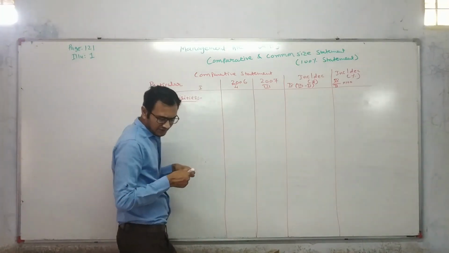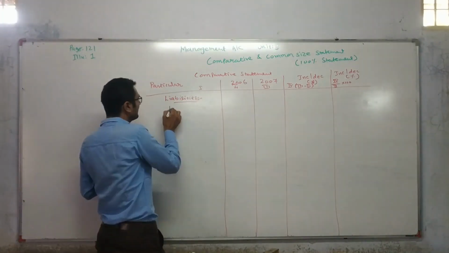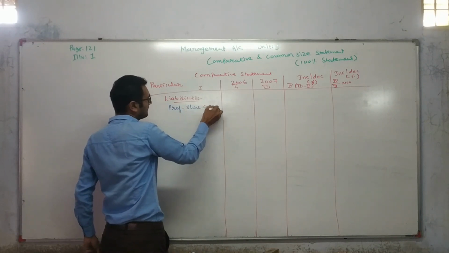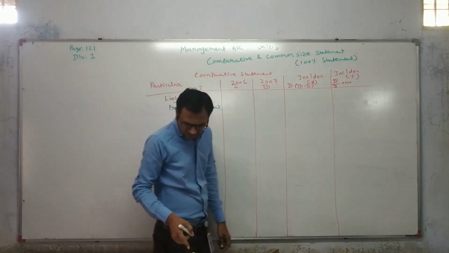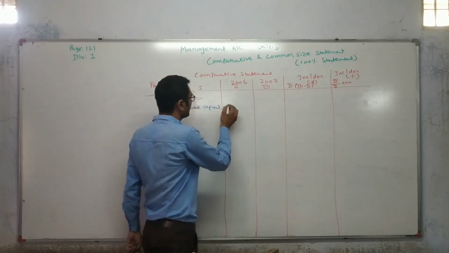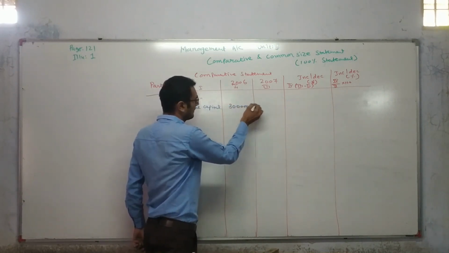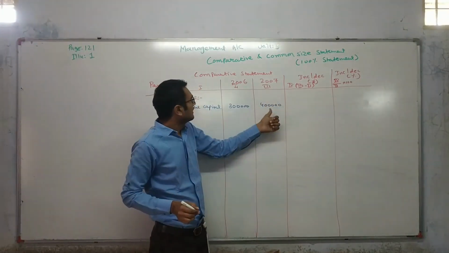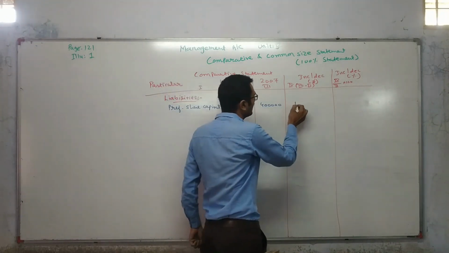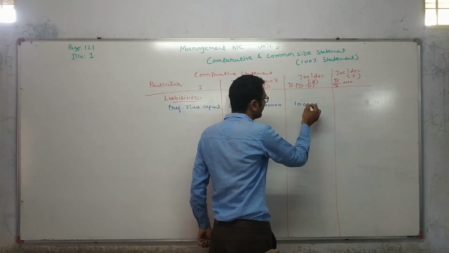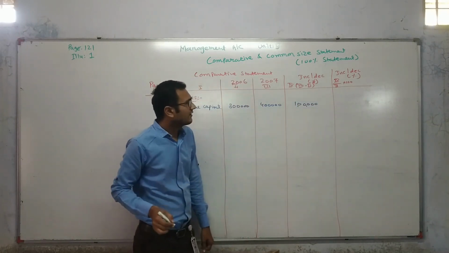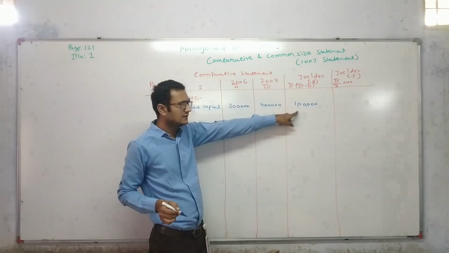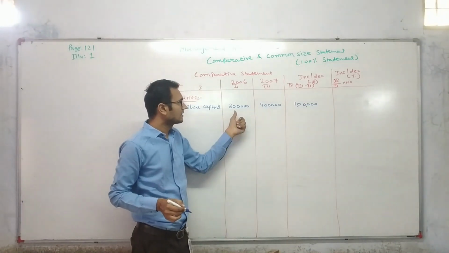Liabilities. Now first thing is preference share capital is given. Now 3 lakh and 4 lakh. How can you find out this column? 4 lakh minus 3 lakh, so 1 lakh. And how can you find out the percentage? See, there is an increase of 1 lakh with respect to previous year, which was 3 lakh.